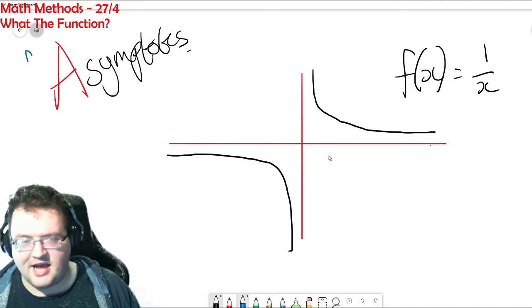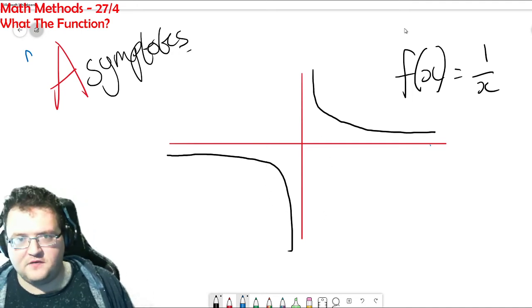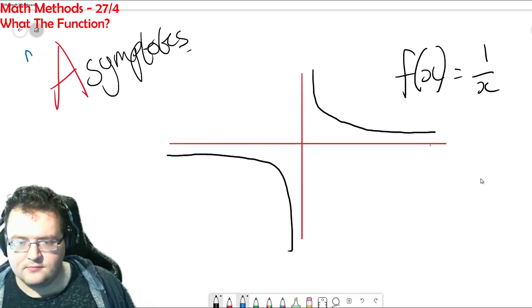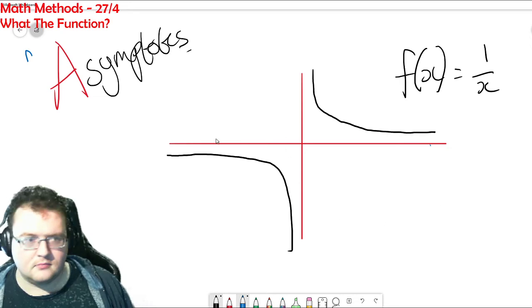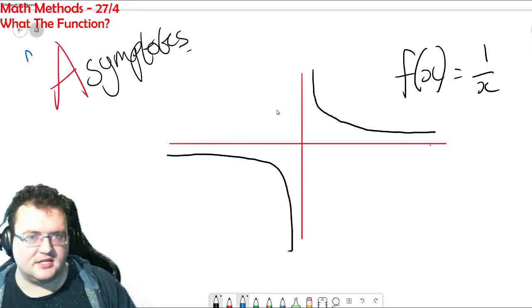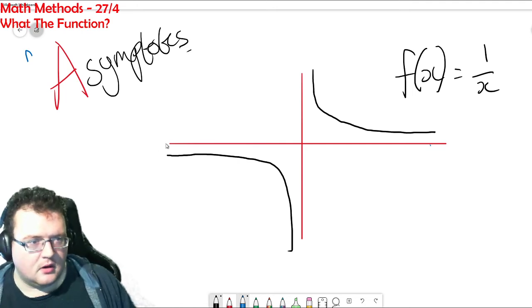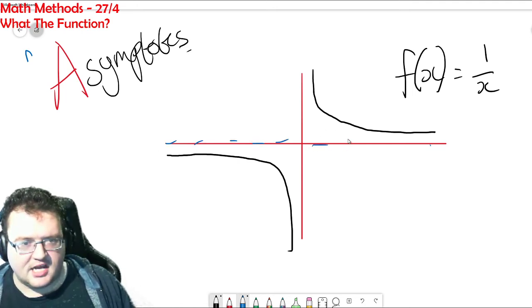So I now have asymptotes. Where do my asymptotes happen to be on this equation? Yeah, they're 0 and 0. So I have these asymptotes here, and I have some asymptotes here.